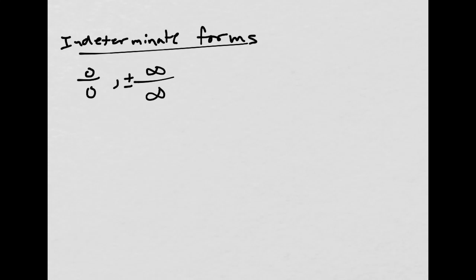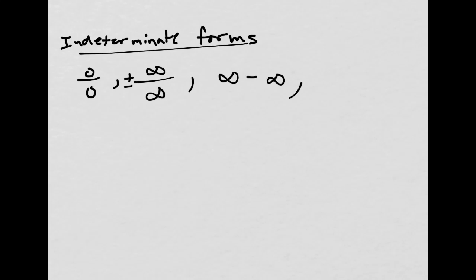The top infinity could be way larger at some x value than the bottom infinity, and so the whole thing would go to infinity. But we don't know that. Same with infinity minus infinity. That is an indeterminate form. We don't know what's happening there.